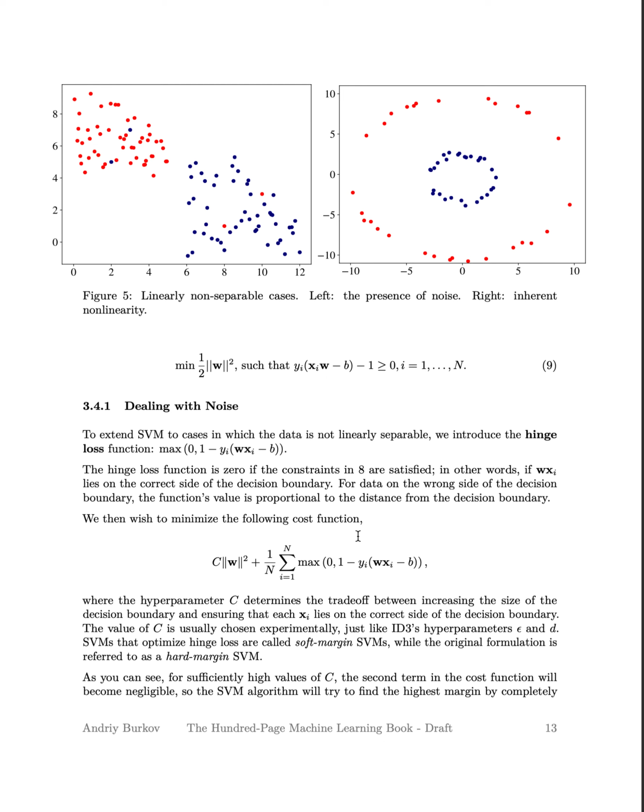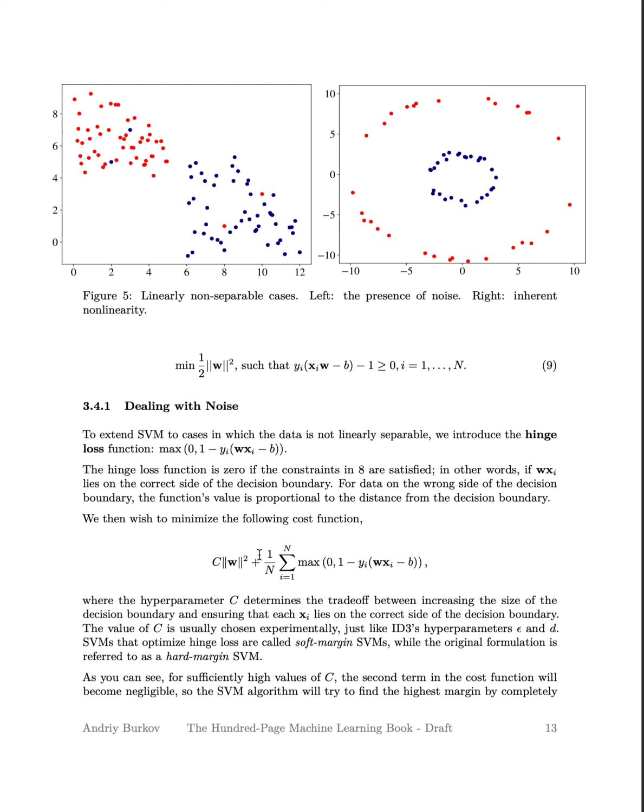You are trying to minimize the following cost function. There is a max, it will take either 0 or 1 minus y predicted, which is simply your wx minus b. So it takes the maximum value. If your error is present, it will be taken, otherwise your error will be 0, right? The distance from the line does not matter. What matters is if it is correctly classified. Then it sums these up and divides by the number of total records.